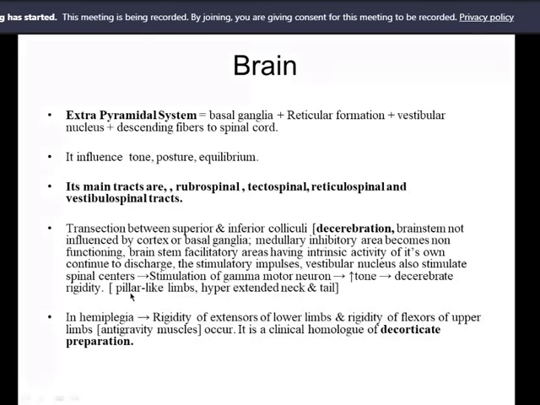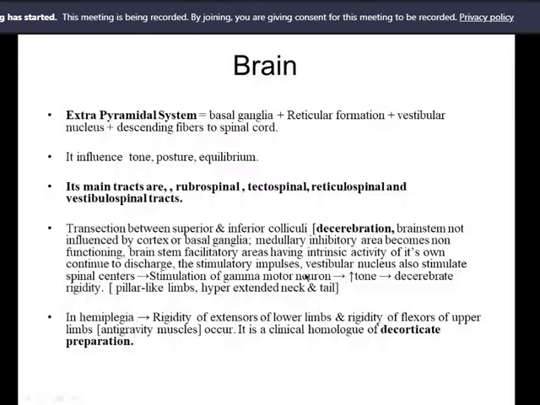The limbs become stiff and go up like pillars, and hyperextended neck and tail will be there in the animal, because it is done in cat, and it has been seen that if there is a transection, a lesion between the superior and inferior colliculus in the midbrain. Midbrain has two colliculus, superior and inferior, right?